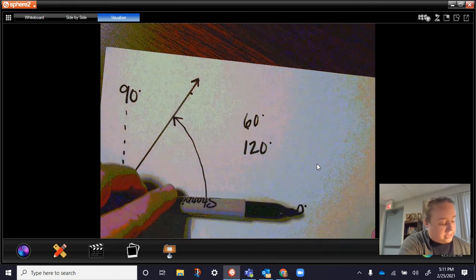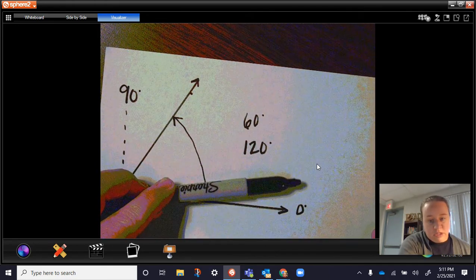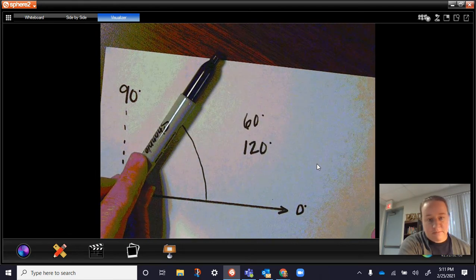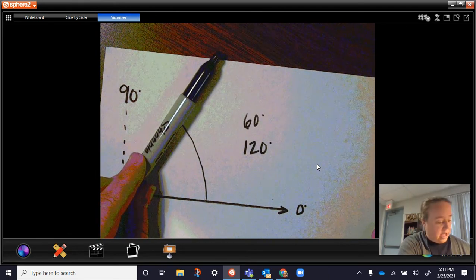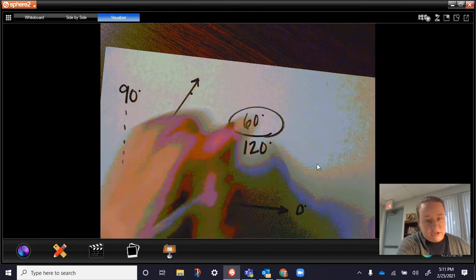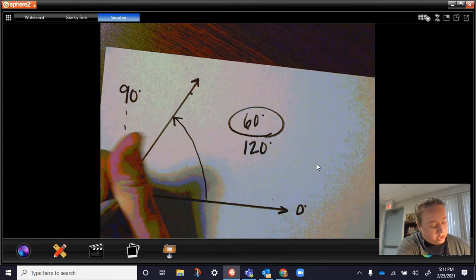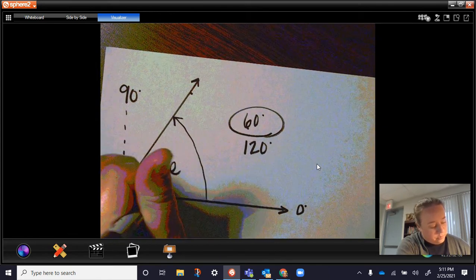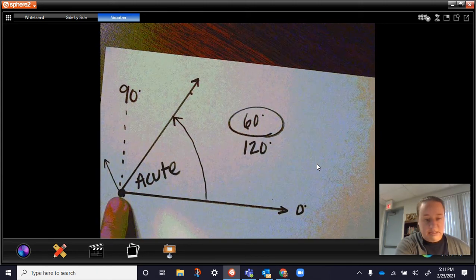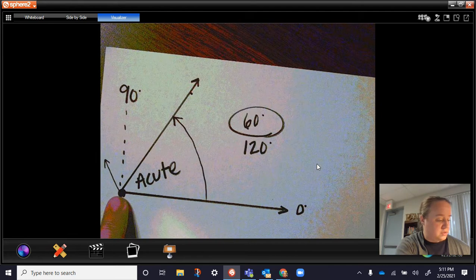Well, if I'm at 0 and I'm opening, I've gotten here, I haven't gotten to 90 degrees yet. So this angle is a 60-degree angle because this is an acute angle. Okay. So if it was going past, like if it was past the 90, then it would be an obtuse angle.